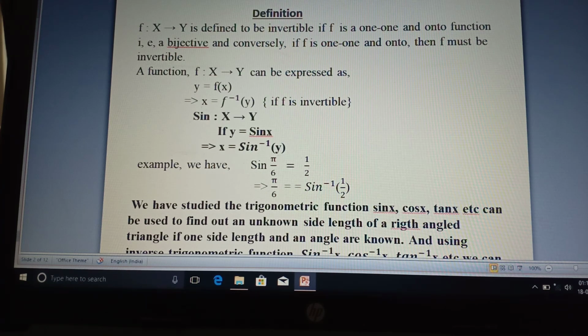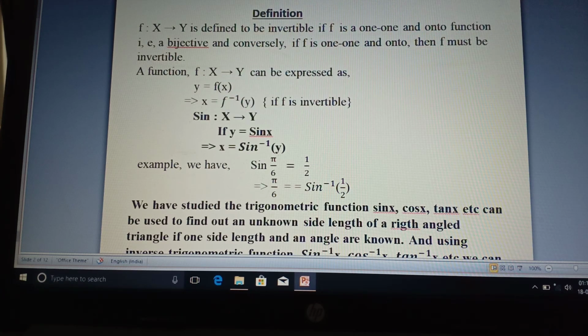Suppose a function f: X to Y can be expressed as y equal to f(x), then x can be expressed in terms of f inverse when f is invertible. So x can be written as x equal to f inverse of y. Similarly, for a trigonometric function, sine is a function from X to Y, then y can be expressed in terms of sine x and x can be expressed in terms of sine inverse y.